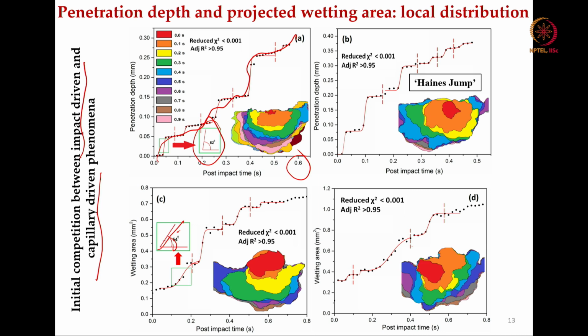The angle is now from 82 degrees to 54 degrees, and this is essentially a fraction of a second. Again, this increases not exactly linearly, but almost like a pseudo-linear increase of the wetting area with respect to post impact time.